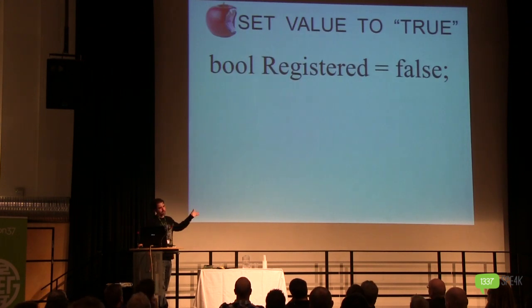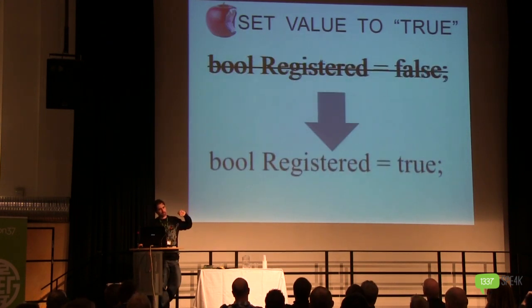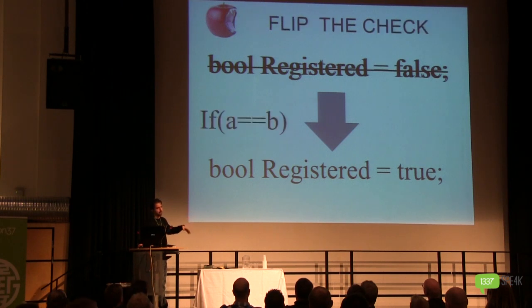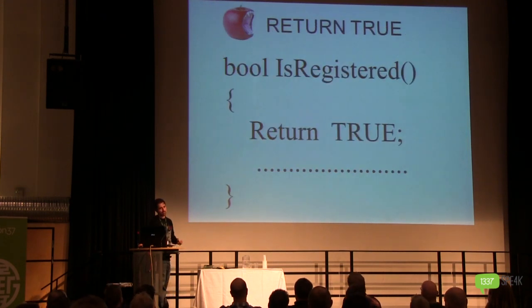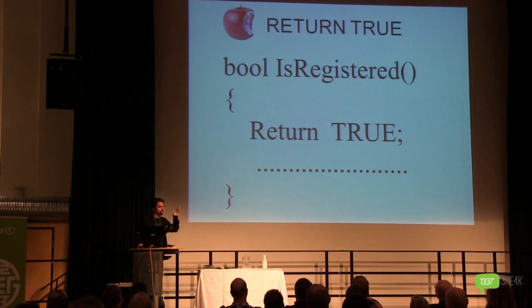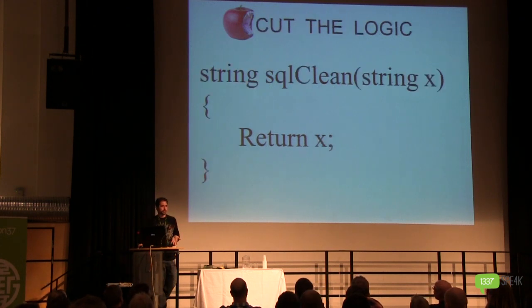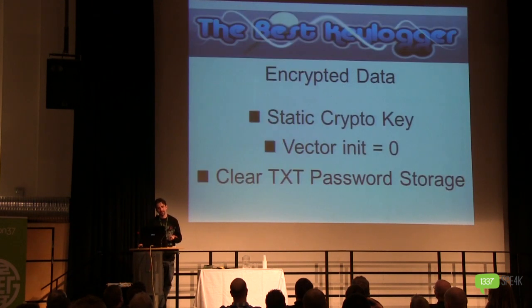So registered equals false simply becomes registered equals true. Password validation of did they enter it correctly suddenly becomes did they enter it incorrectly. Is registered becomes yes. SQL cleaning? Yep, sure did. Send it to the server. It's totally clean, don't worry.